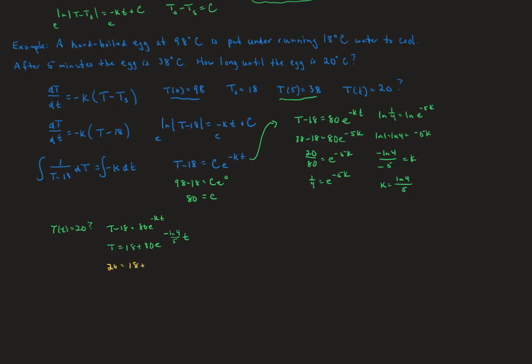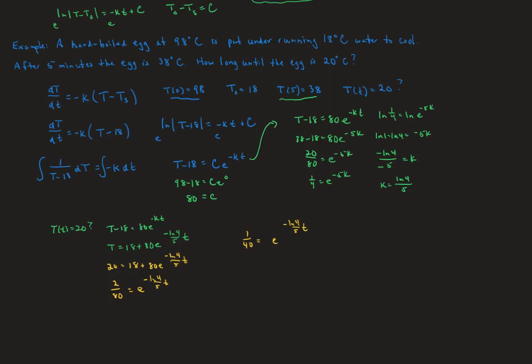And we have 18 plus 80 e to the negative natural log 4 divided by 5 t. So subtracting the 18, dividing by the 80 gets us to this place right here. So that's going to be 1/40 is equal to e to the negative natural log 4 over 5 t.